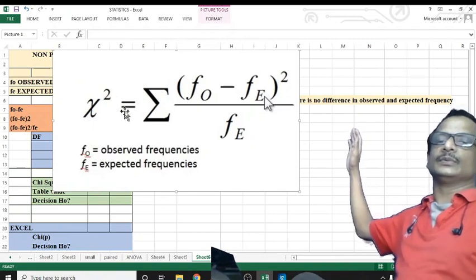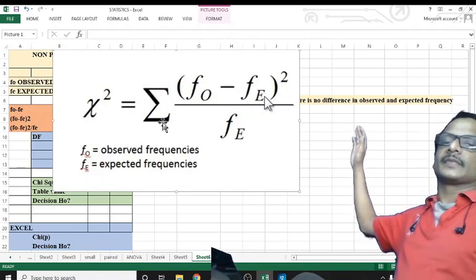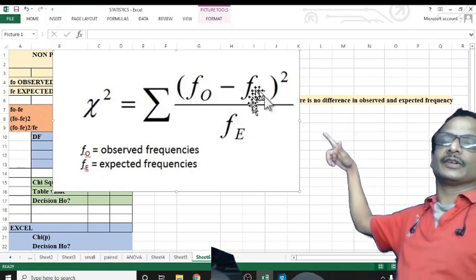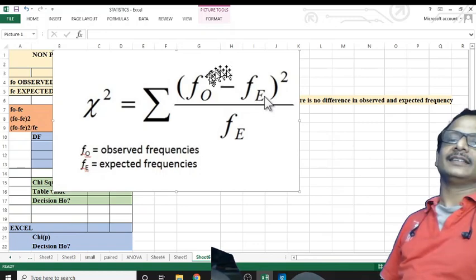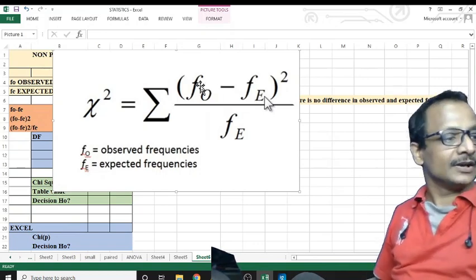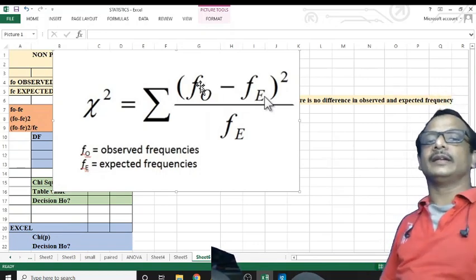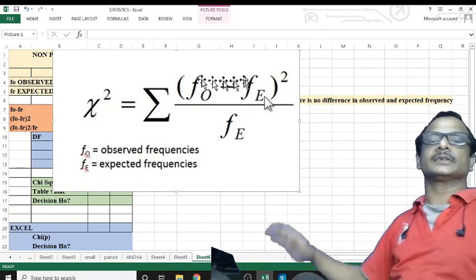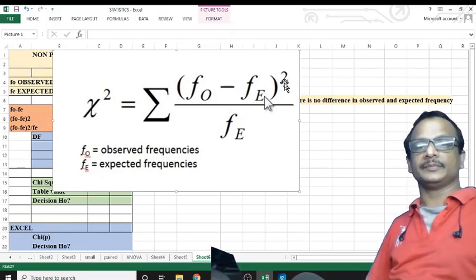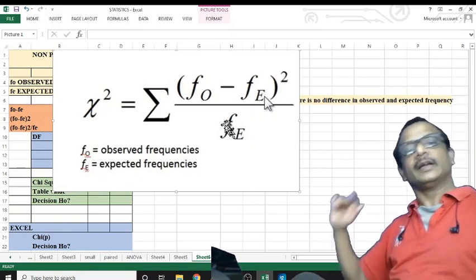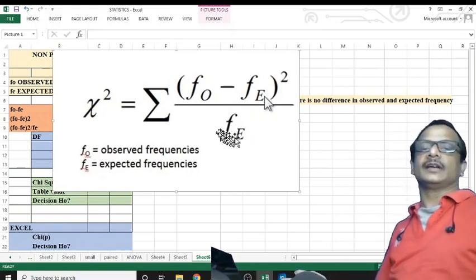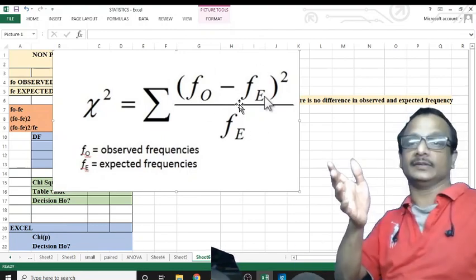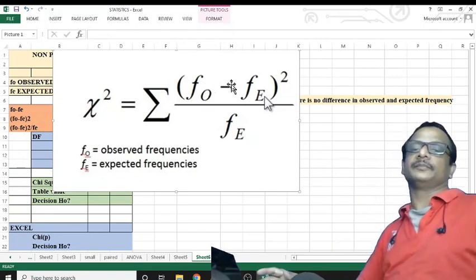Chi-square is equal to sigma, observed frequency minus expected frequency, all squared, divided by expected frequency, for all the sets, and then we sum them together.